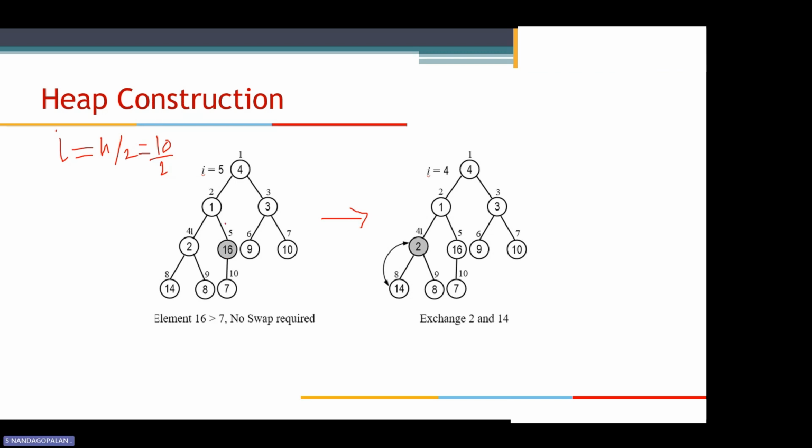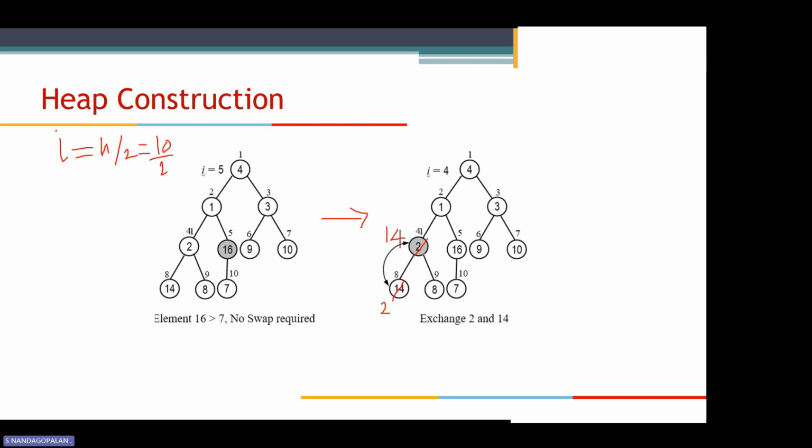The next iteration is to decrement I. So come to 4, the shaded one. Among its children, 14 is larger. So swap. My 2 will come here, 14 will go there. Now it's a heap, at least this portion.